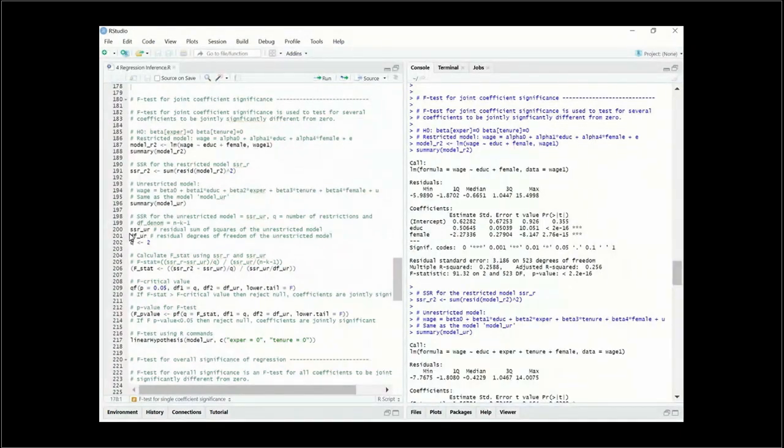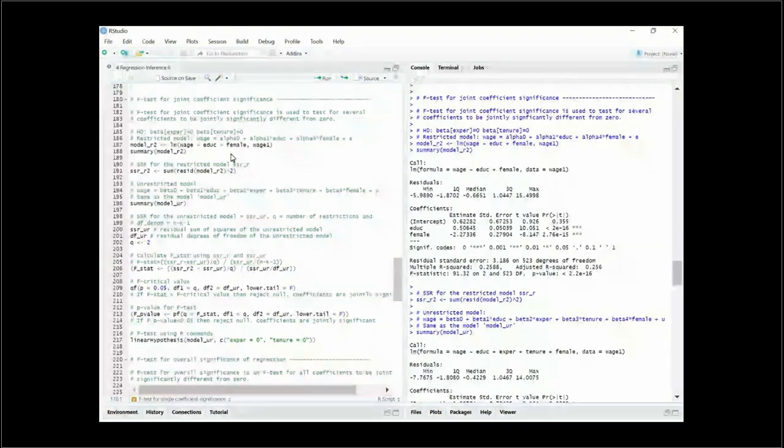So here we have the sum of squared residuals for the unrestricted model. Here's the degrees of freedom for the unrestricted model, and Q equals 2, because now we're testing 2 restrictions. Well, the first one is that the coefficient on experience equals 0, and the second one is that the coefficient on tenure equals 0.